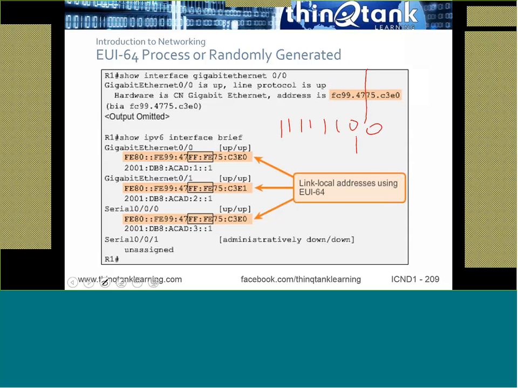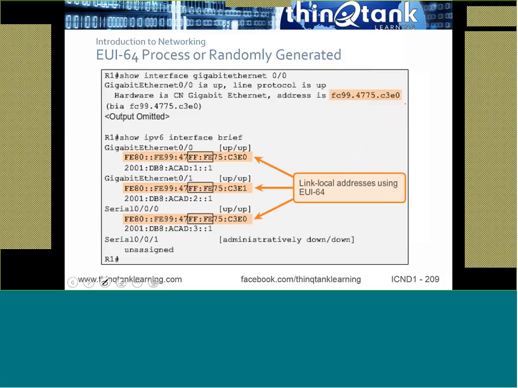We invert this bit here, so this becomes 1110 and 1111. Guess what? FE80, every link local address starts with that. FE 9947 FFFE 75 C3E0. That's how that link local address was derived.